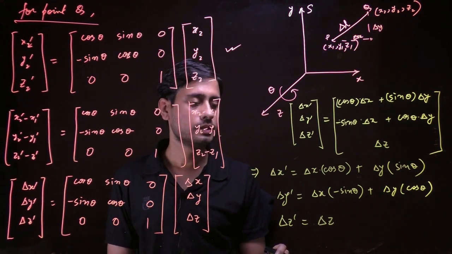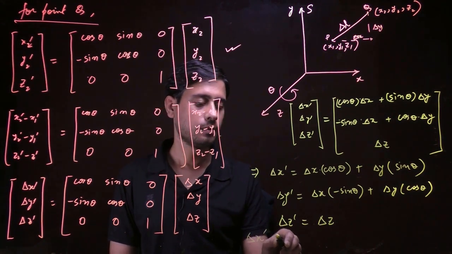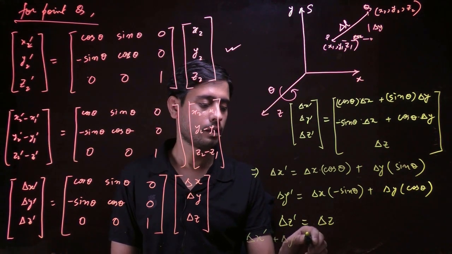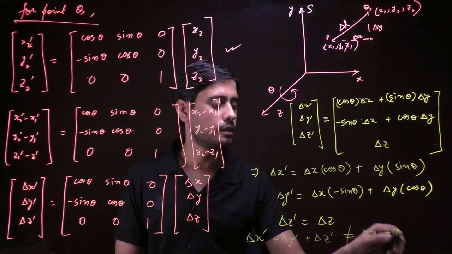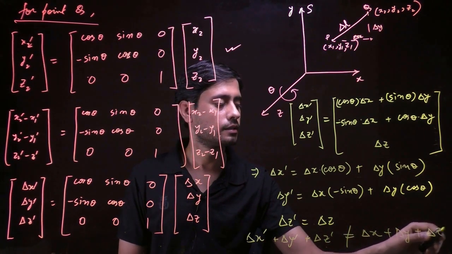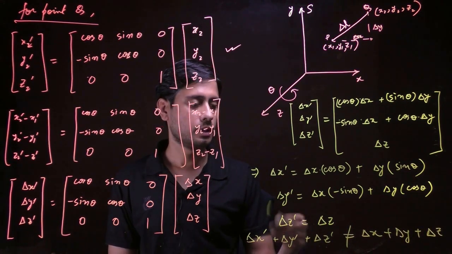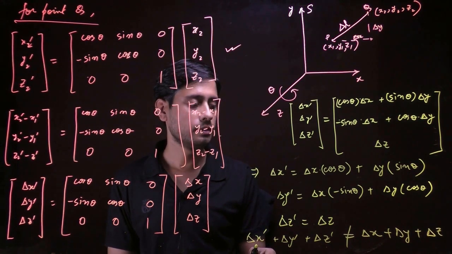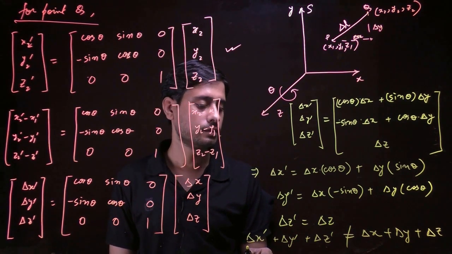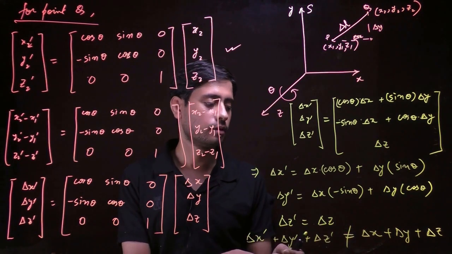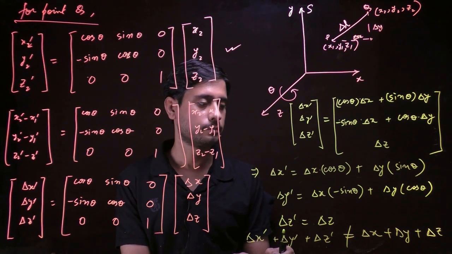So now you are seeing that if you just simply add delta x prime, delta y prime and delta z prime, then it will not be equal to delta x, delta y and delta z. So it is different from the Galilean transformation which we have seen earlier, that in Galilean transformation these three quantities on addition give you the same result, but here the results are not same.